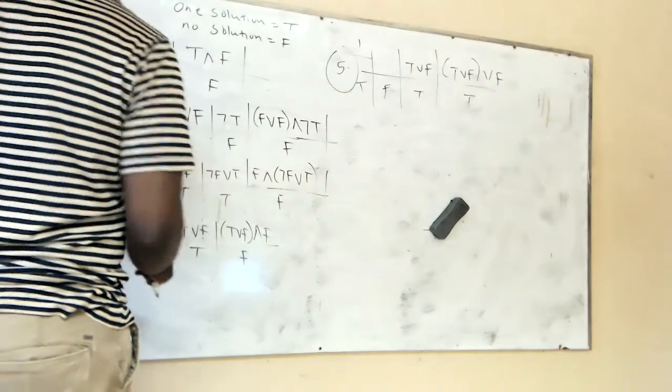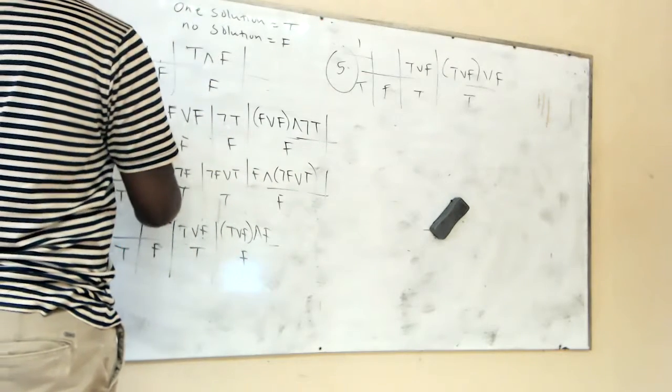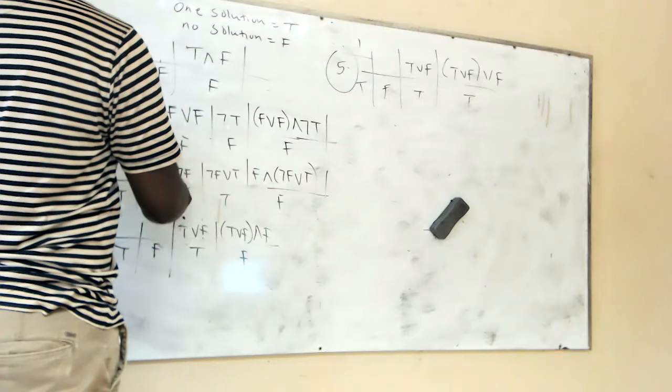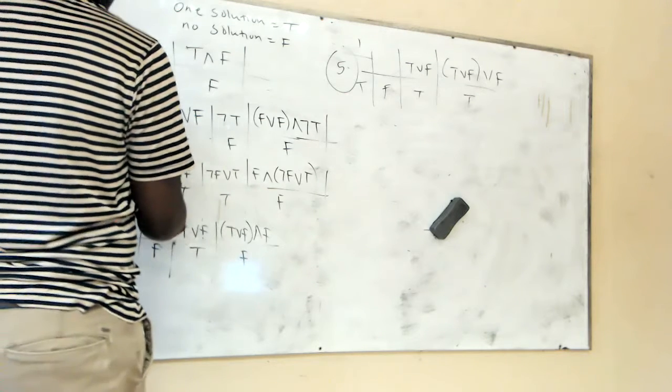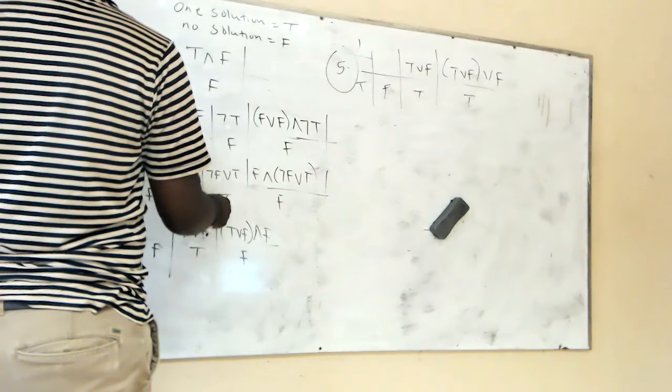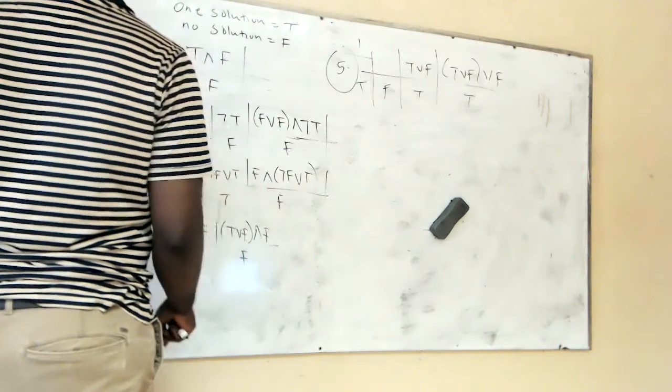So for option 2, we have not false, which is true, and not false versus not true, which is true, and then false in that case.